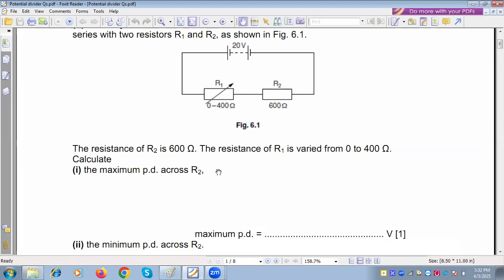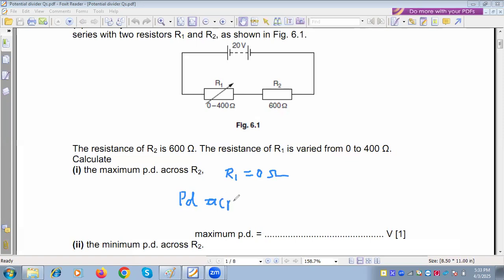So when R1 is 0, the charge will use no energy while passing through R1. So when R1 is 0 ohm, the PD across R2 will be maximum.